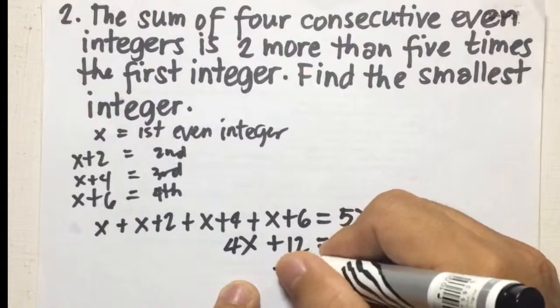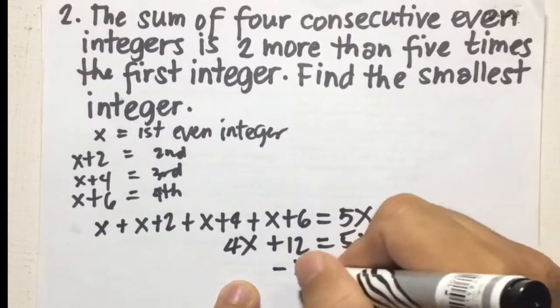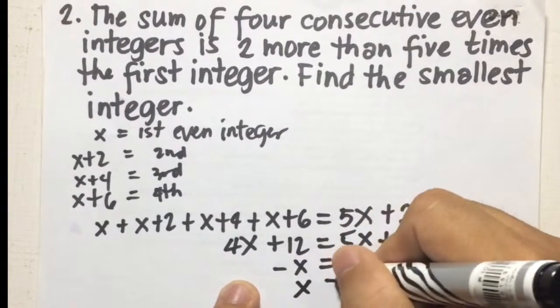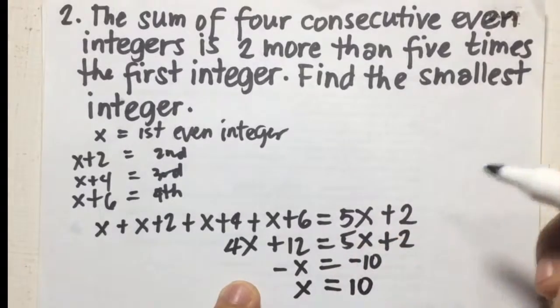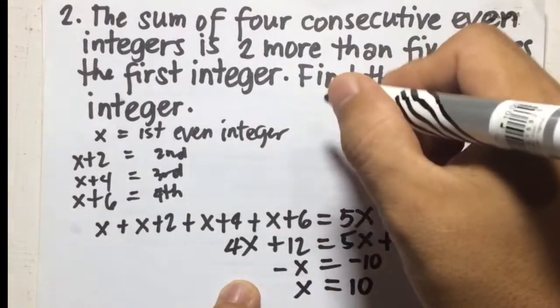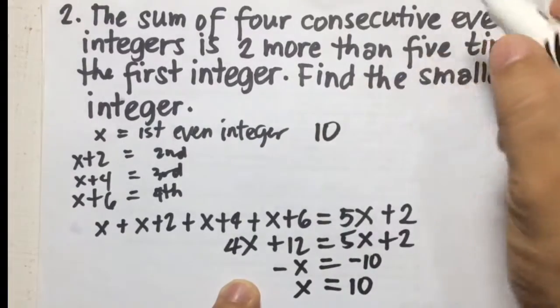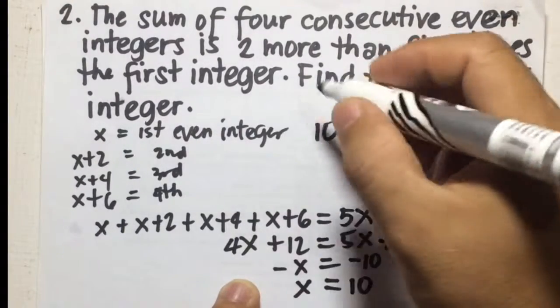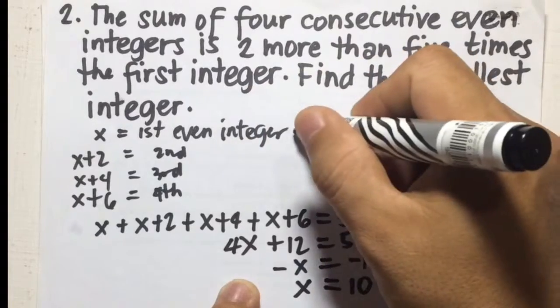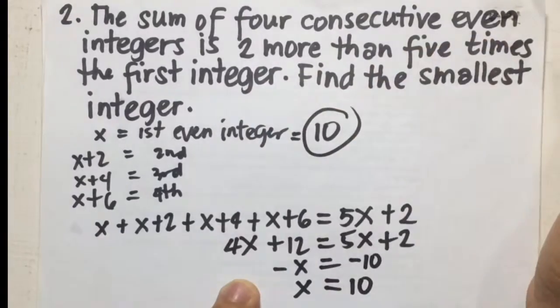Multiplying both sides by negative 1, x equals 10. So the first even integer is 10. To find the smallest integer, the smallest integer will be 10. So this will be your answer.